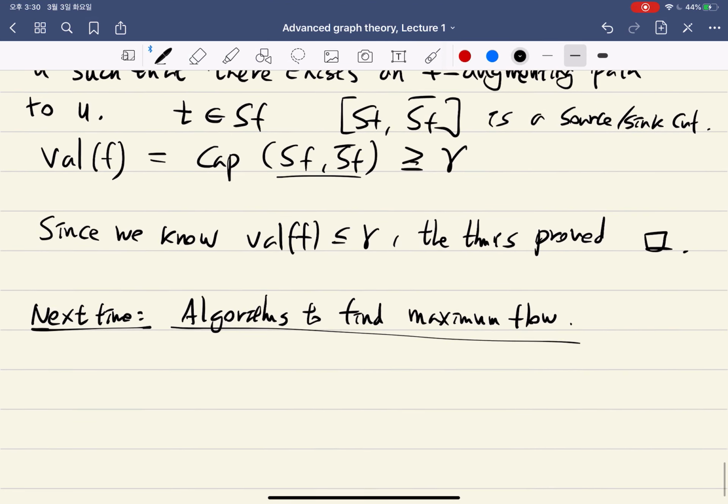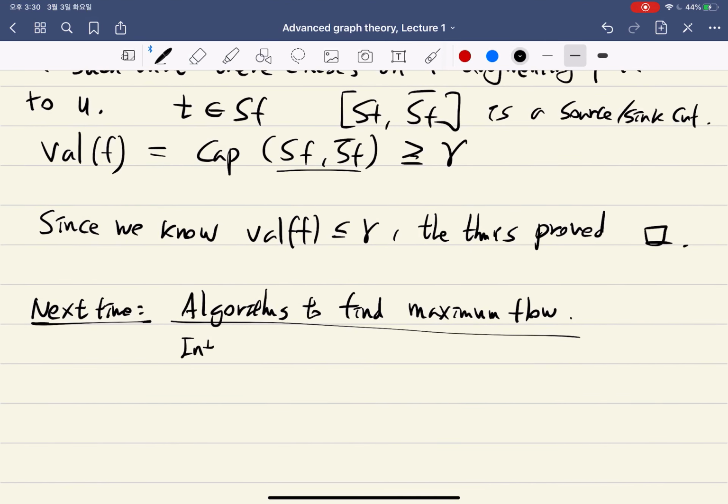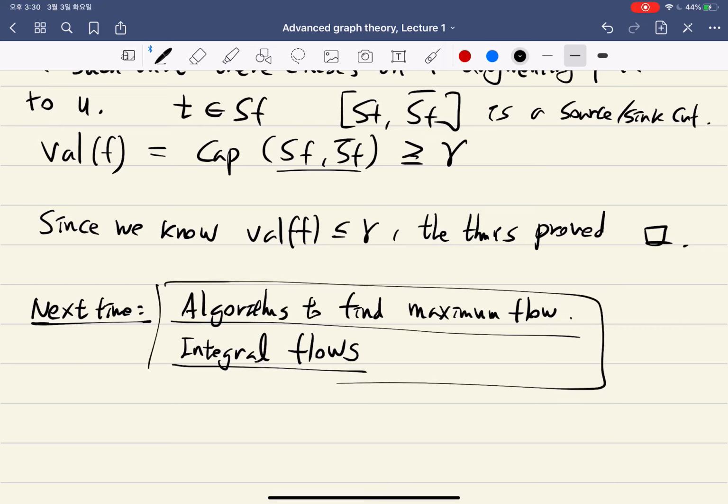And also, a lot of the time flows with integer values are important, so we will learn some theorems about integral flows, which means flows with integer values. So that's what we will do next time.